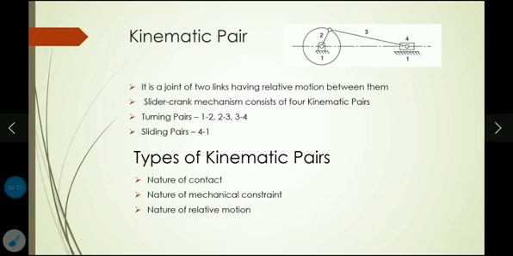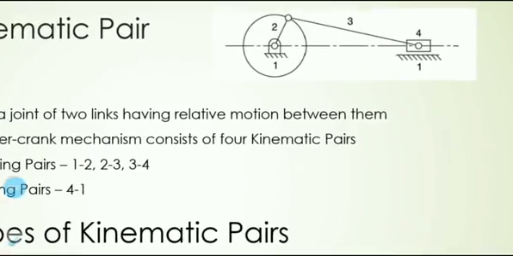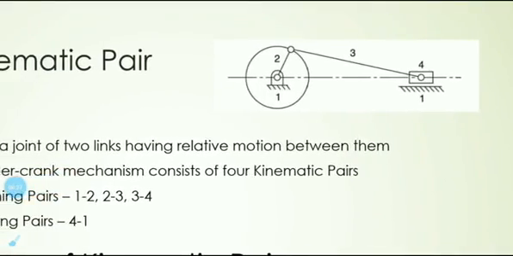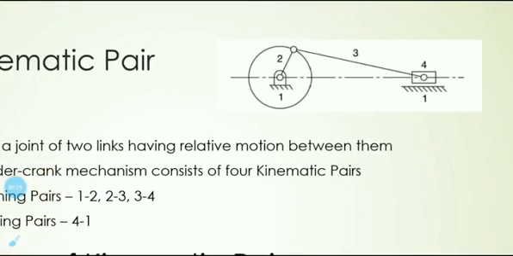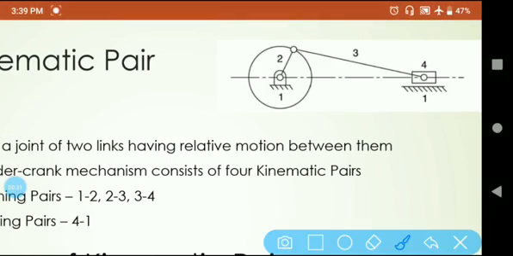For example, in the case of a slider crank mechanism, as I have told you, there are 4 links, but how many joints are there? There is a joint between link 1 and link 2, that is between the frame and the crank, that is here. There is a joint between 2 and 3.